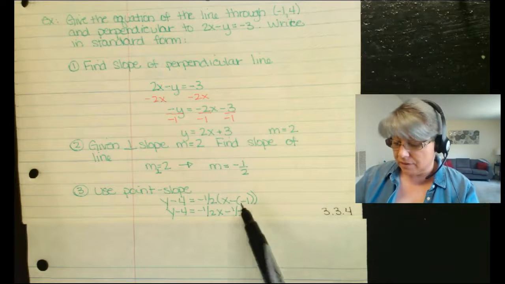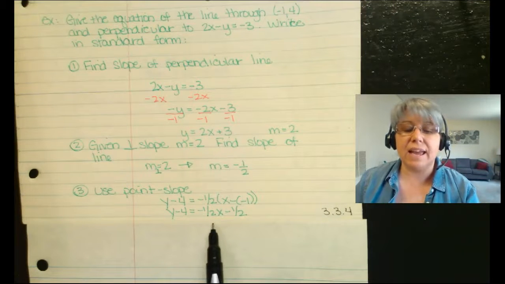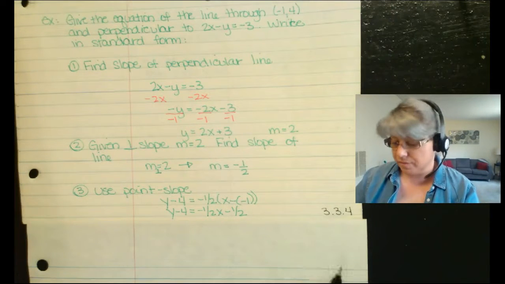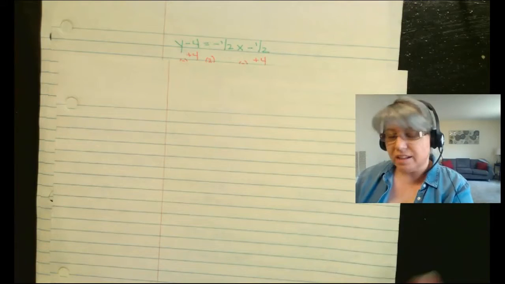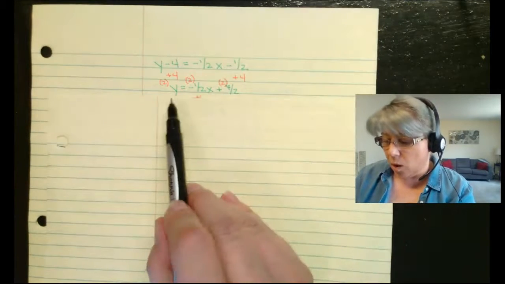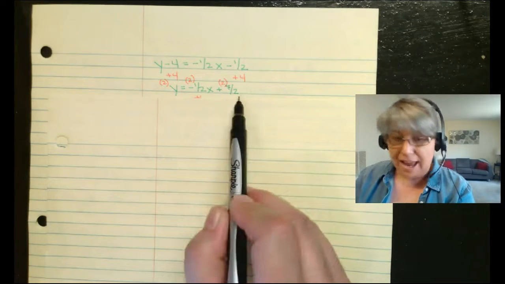Distribute the negative 1/2. I have y minus 4 equals negative 1/2 x minus 1/2. Add 4 to each side. Okay. And we get y equals negative 1/2 x plus 7/2.